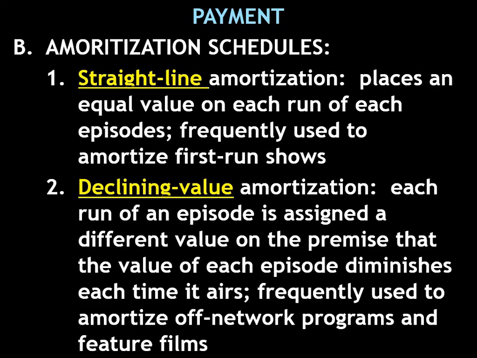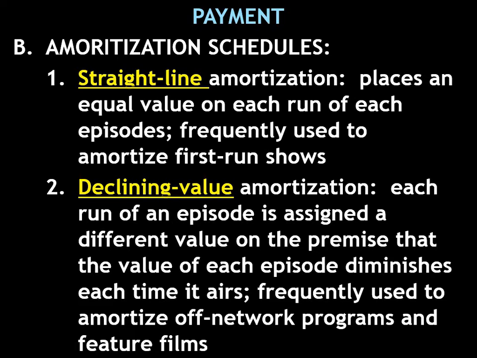Then straight line amortization will say that you are going to write off $100,000 each time you play a certain episode. So it makes each of those 10 episodes worth $100,000 to get you to the million.